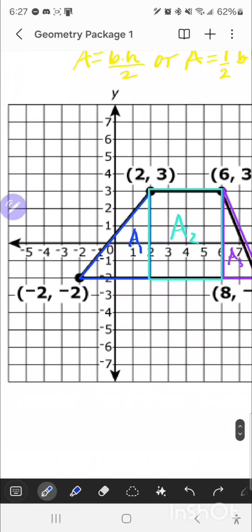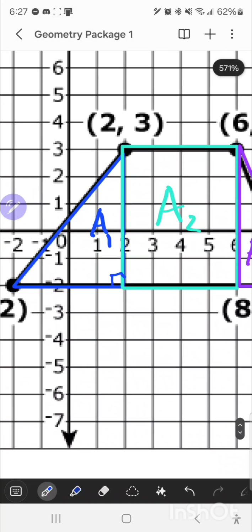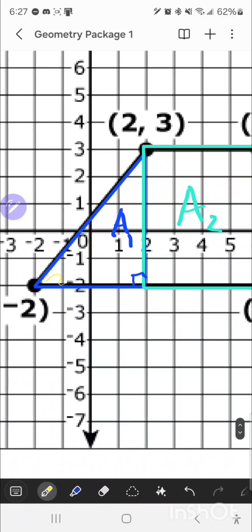First, we know that this is a right triangle because this is a right angle. We can clearly see this is a horizontal line, this is a vertical line, so they are perpendicular to each other. Let's count: 1, 2, 3, and 4. So this is 4. Then this is 1, 2, 3, 4, and 5.